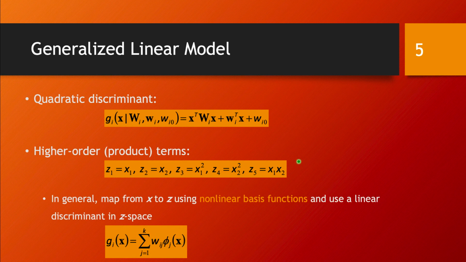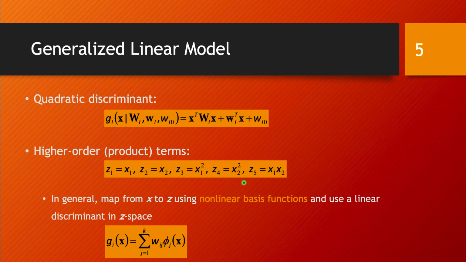In general, the idea here is that you might get an extended discriminant by mapping from x to z using some sort of nonlinear basis functions, and then we use a linear discriminant in this z space. So your discriminant is going to be a linear one, but it's linear not in the original features, but in these transformed features.